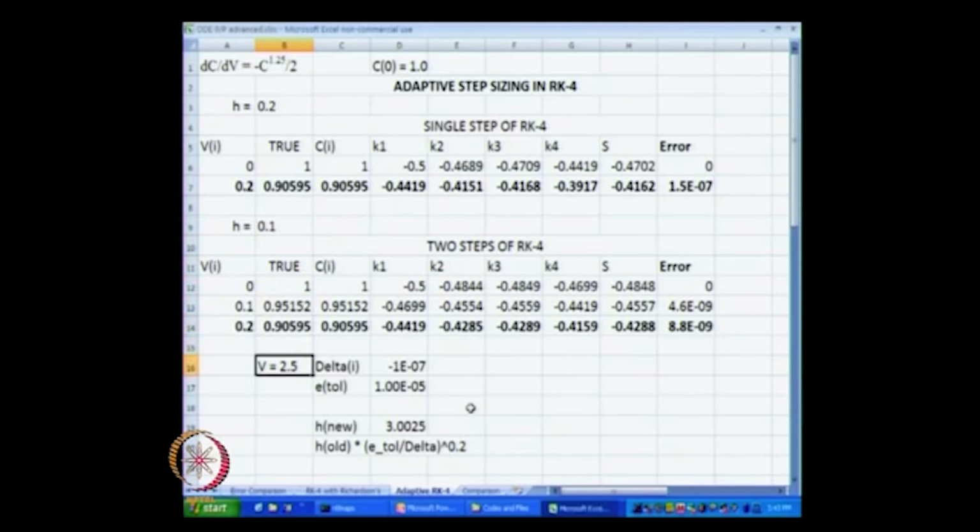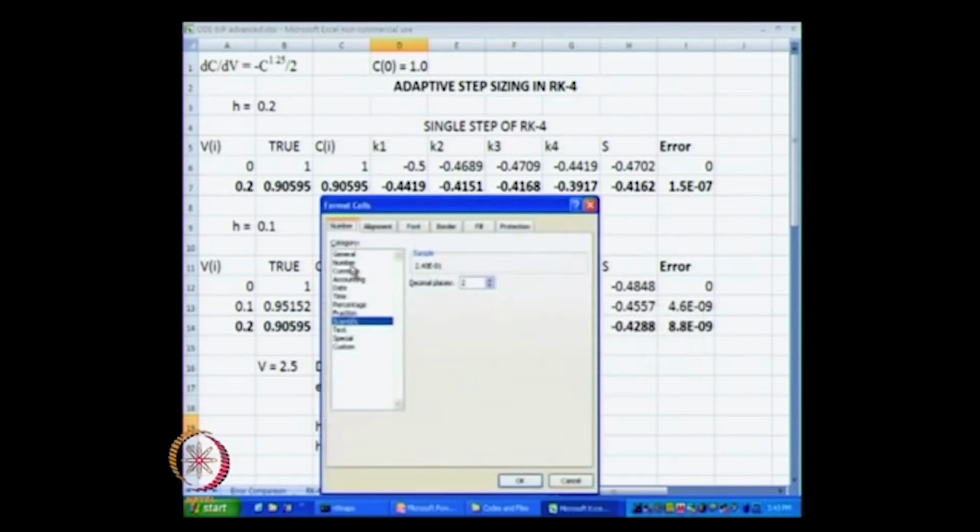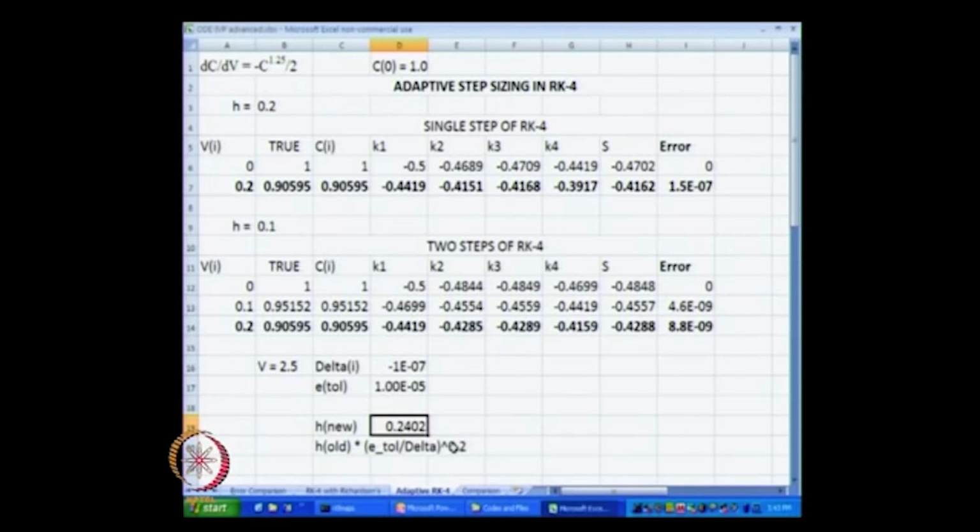Okay. So the delta accuracy that we are getting is 10 to the power minus 7, and the tolerance that we have asked is 10 to the power minus 5. Okay. And the h that we are going to get is going to be equal to 0.1 multiplied by this particular value, and the result that we will get over here is going to be 0.24.